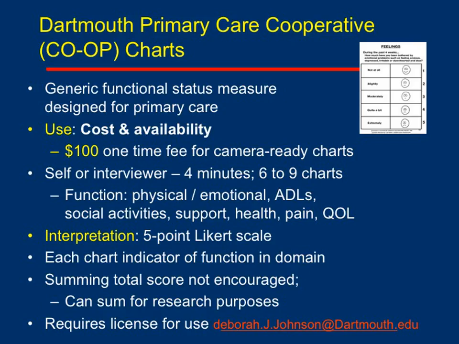So this is the Dartmouth Primary Care Co-op charts. Really interesting take on measuring health-related quality of life. Those of you that are familiar with the 7 phases of pain would understand this concept, and it may have some particular usefulness in patients that speak English as a second language, because it tends to have pictures that are associated with descriptors.